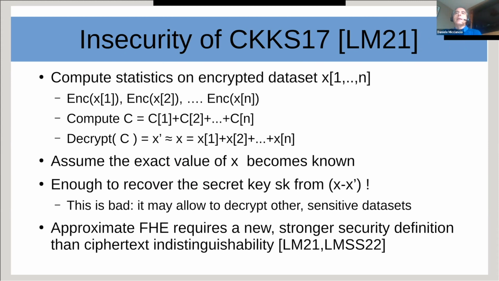You want to compute some statistics on the encryption of X. You can first encrypt all the values. You encrypt X1, X2, X3, all the way to Xn. Then you can add up the results in encrypted form. And then at the end, you can decrypt the result of this homomorphic addition to get a value X prime, which is close to, but not identical to X, the actual sum of all the input values.